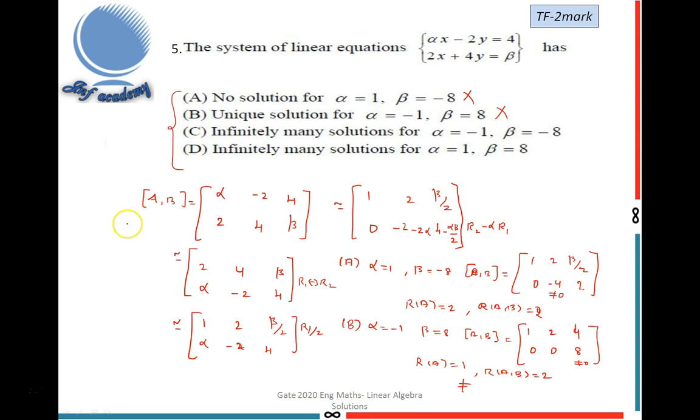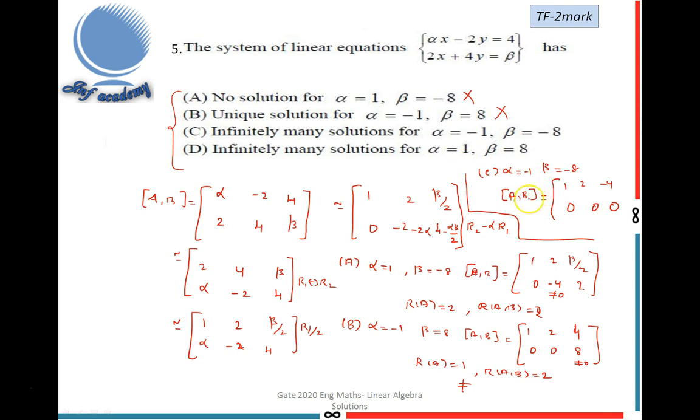Next, I have to analyze option C. Option C says alpha equal to minus 1, beta equal to minus 8. In this case, I got augmented matrix A comma B equal to 1, 2, minus 4 and 0, 0, 0.